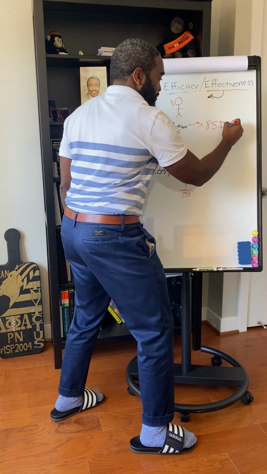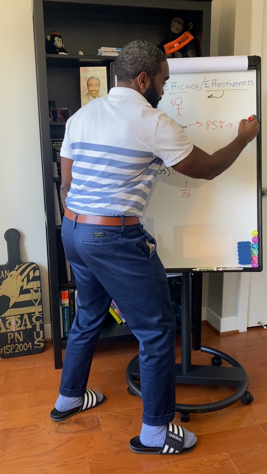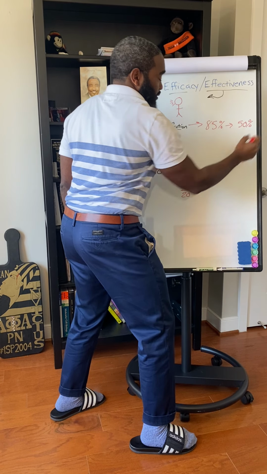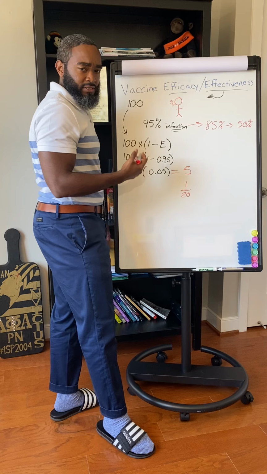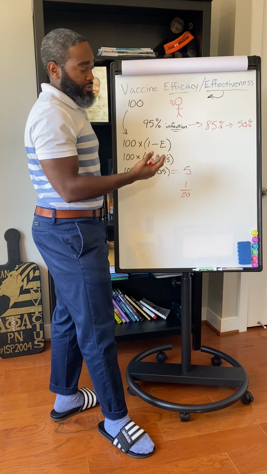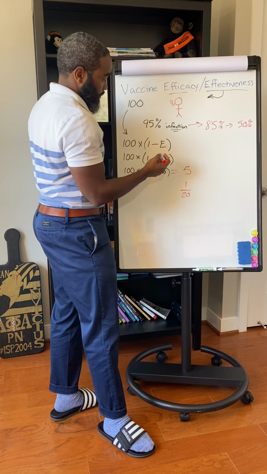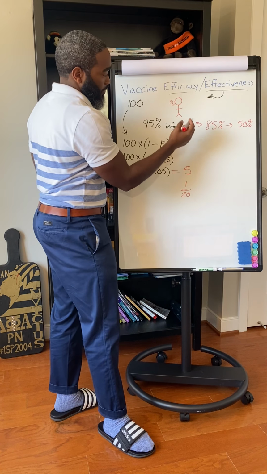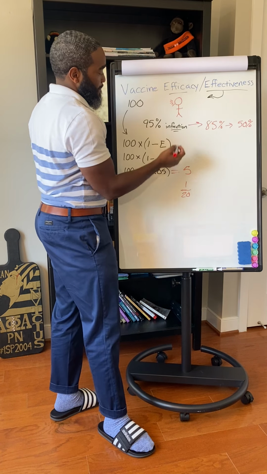And then maybe for Omicron, that reduced to closer to 50%. Now, these aren't exact numbers, but this is an estimate similar to what you can find by doing a little bit of research.